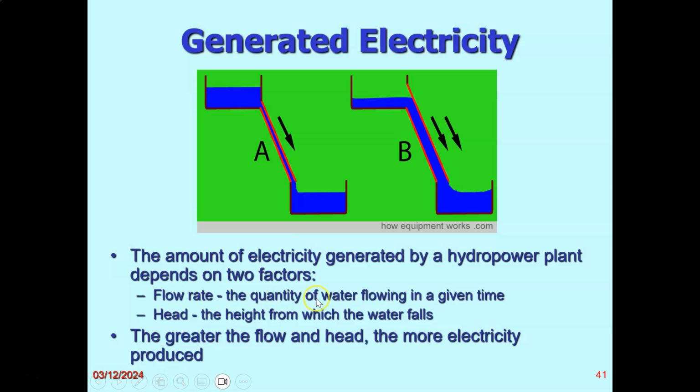Flow rate is the quantity of water flowing in a given time, and the head is the height from which the water falls. So they represent two factors that affect the generated energy. The greater the flow and the head, the more energy is produced. It's almost the same factors that rule the wind energy.